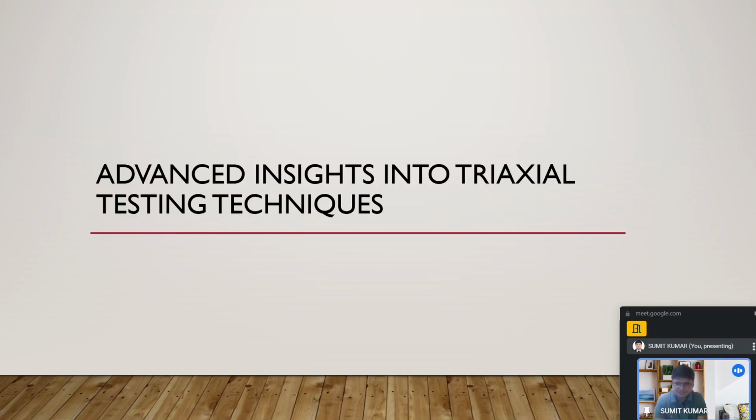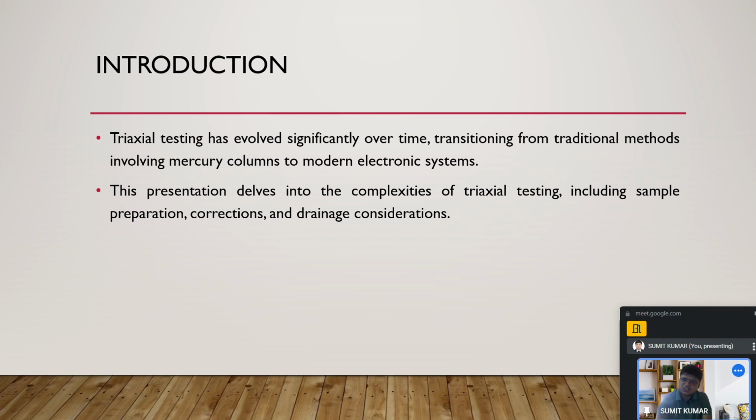Moving ahead, now I will add points related to advanced insights into geotechnical engineering with the help of triaxial testing techniques. First of all, triaxial testing has evolved significantly over time, transitioning from traditional methods involving mercury columns to modern electronic systems.